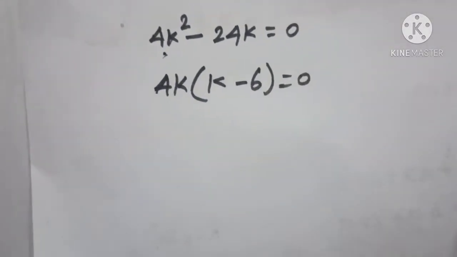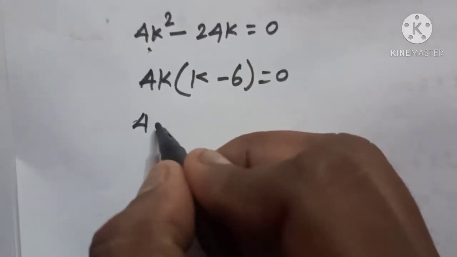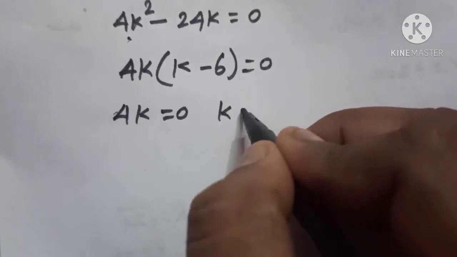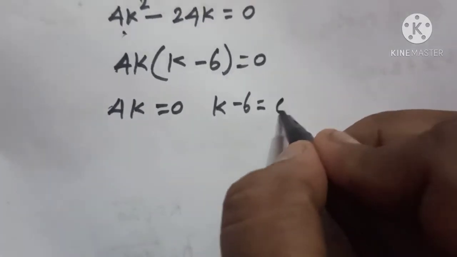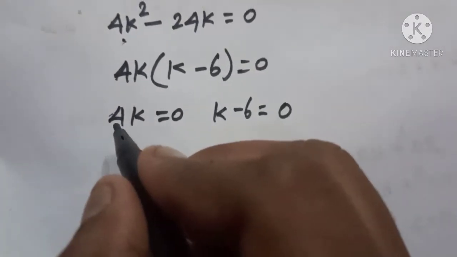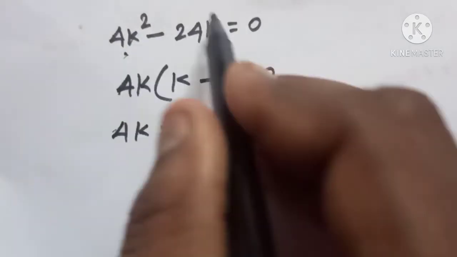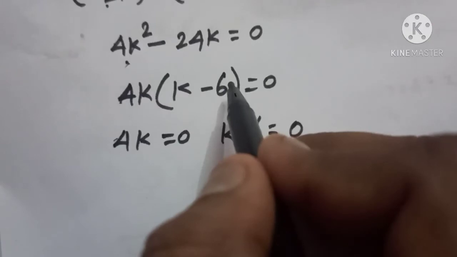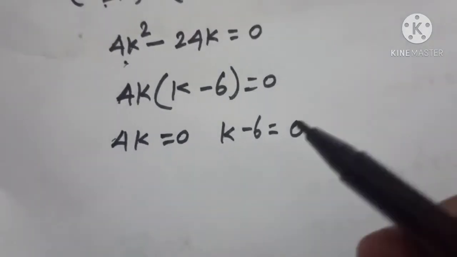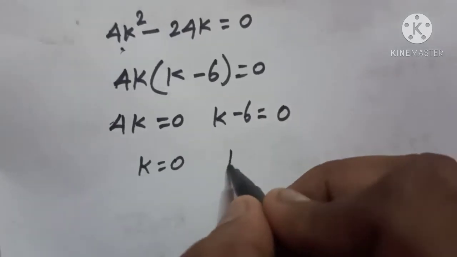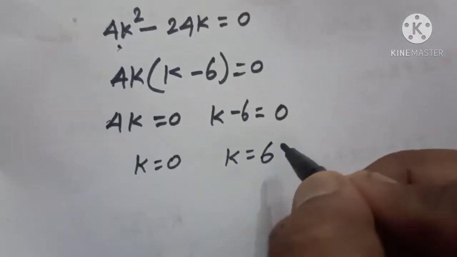So how can you write this? 4k is equal to 0, and k minus 6 is equal to 0. Check: 4k into k gives 4k square, and 4k into 6 gives 24k. So k minus 6 equal to 0, then k is equal to 0 or k is equal to 6.